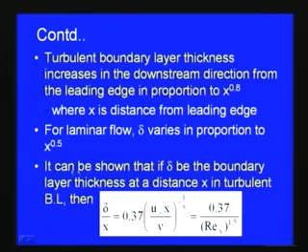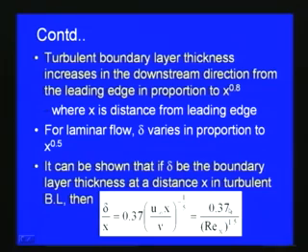Also through various experiments and in the literature, we can see that if delta is the boundary layer thickness at a distance x in the case of a turbulent boundary layer, then delta by x is equal to 0.37 (u infinity, the free stream velocity, times x by nu, the kinematic viscosity) to the power minus 1 by 5.